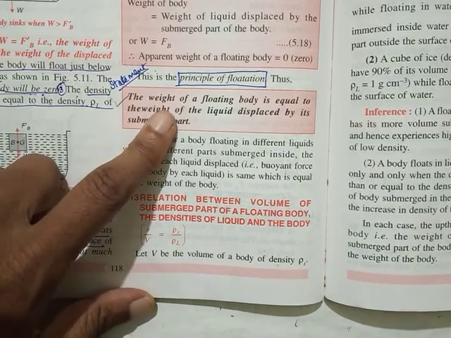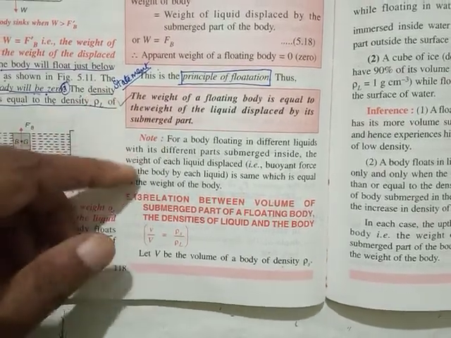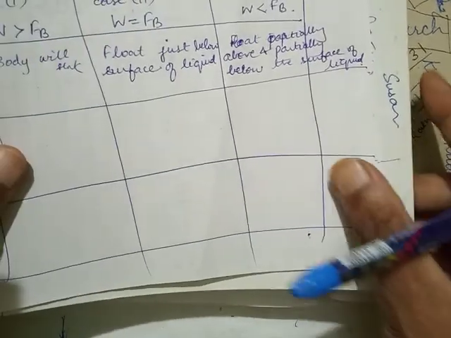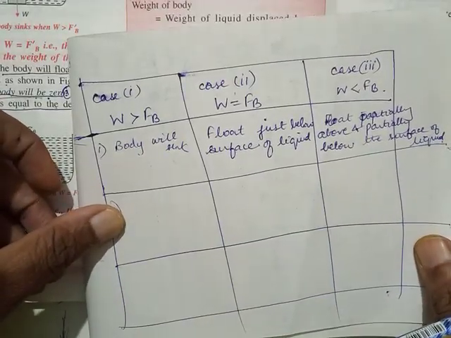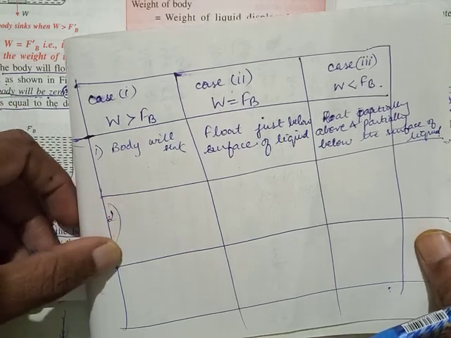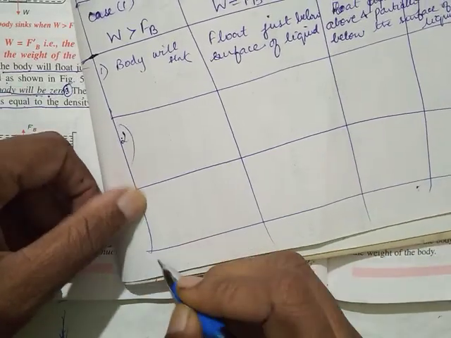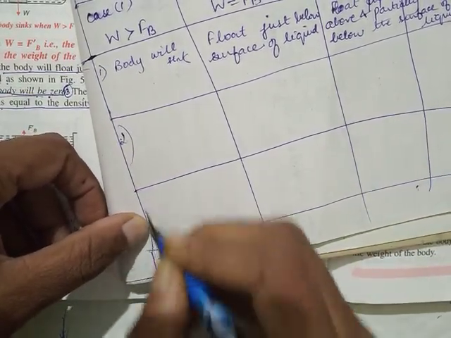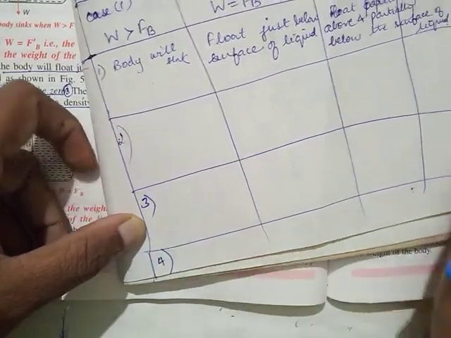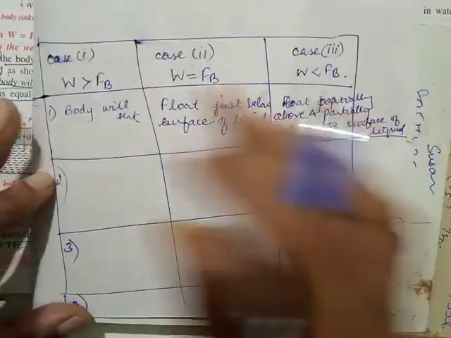Now, what I want you to do is, after listening to this video, make a table like this. This I made roughly, children.